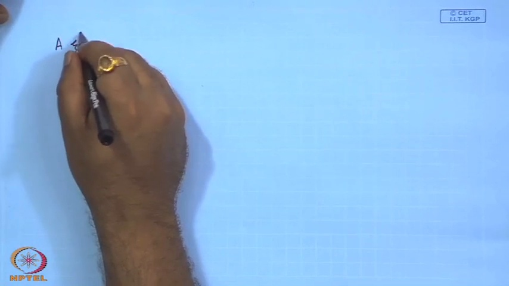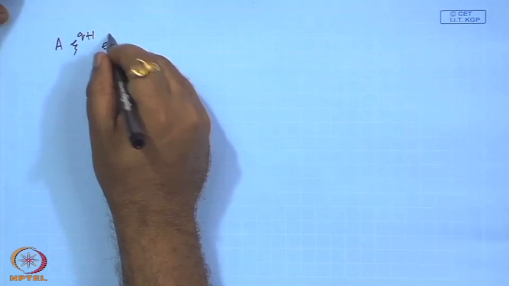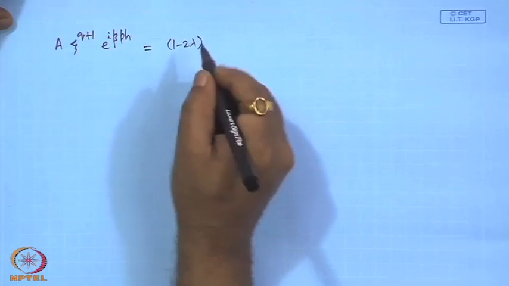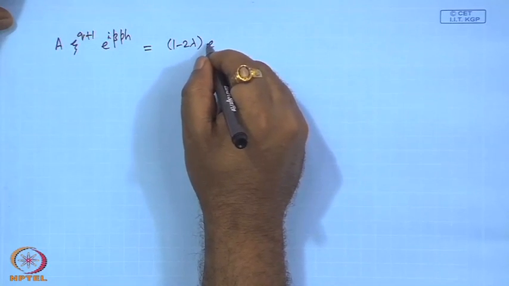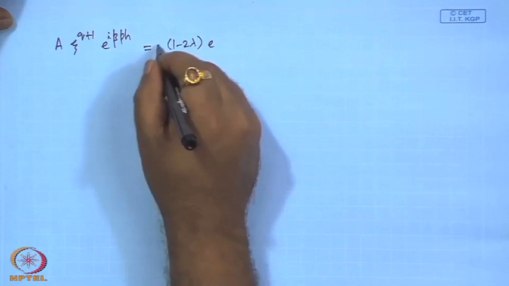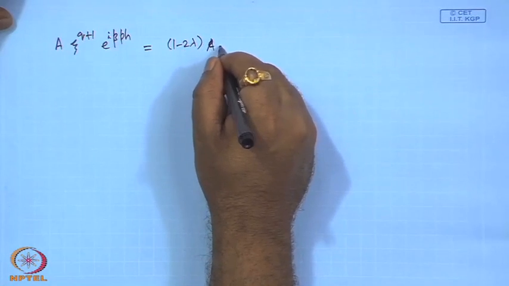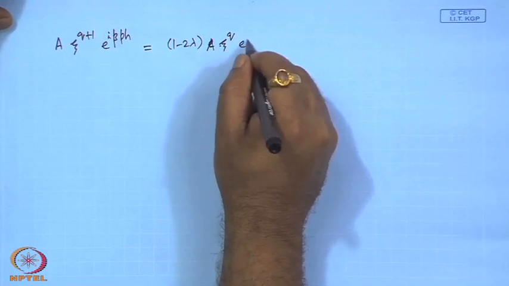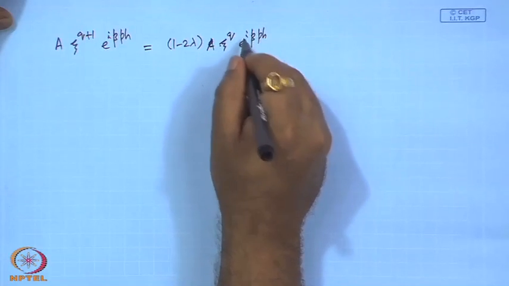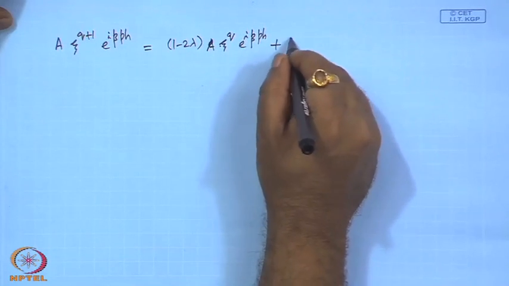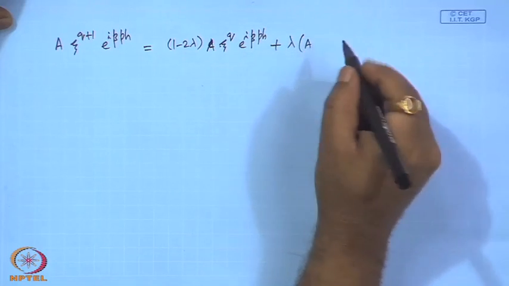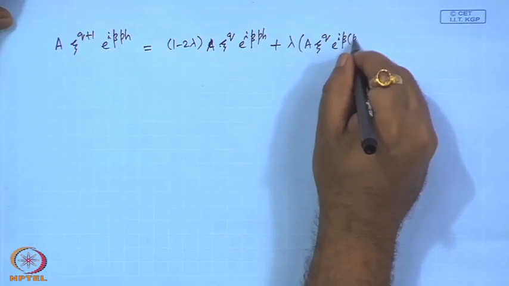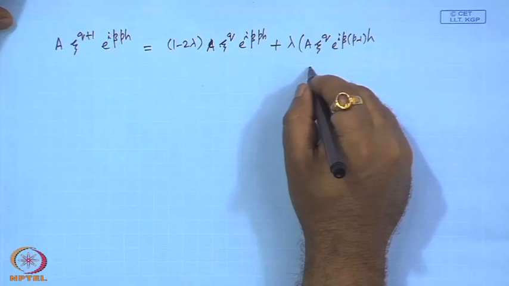A. I will show you why this is. This is A power Q plus lambda A H plus.